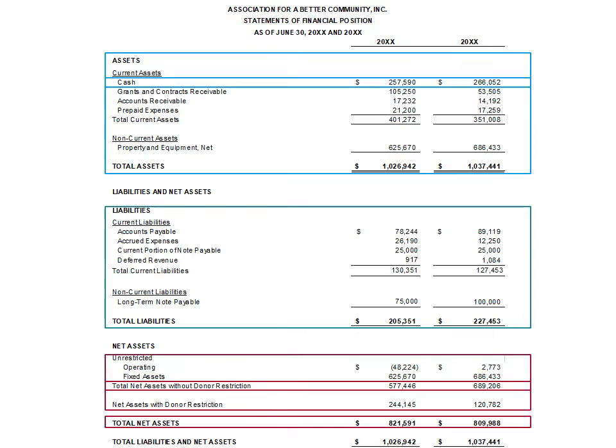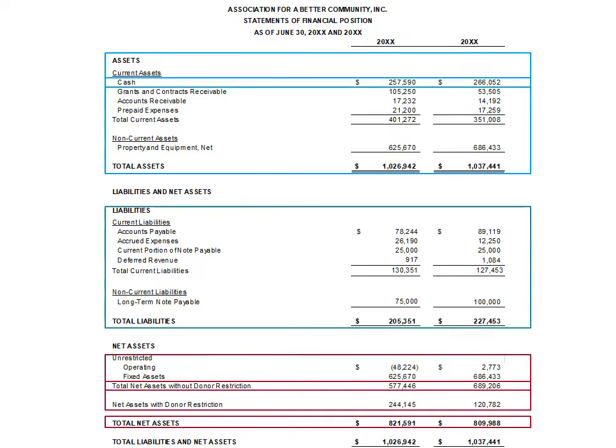Since remember, only the donor can restrict revenue. Therefore, board-designated net assets can be shown as a subset of net assets without donor restrictions. So those are the different net asset categories that you'll see in an audited financial statement.